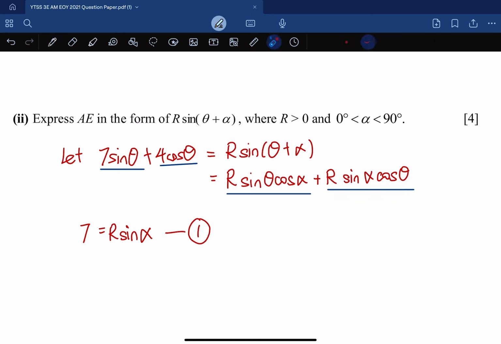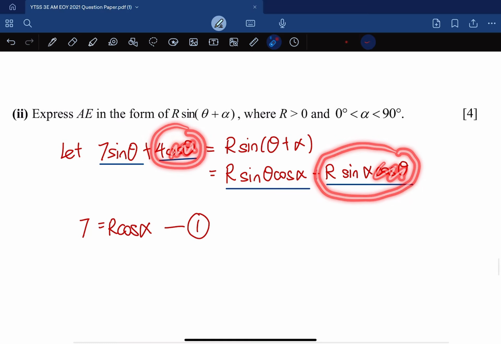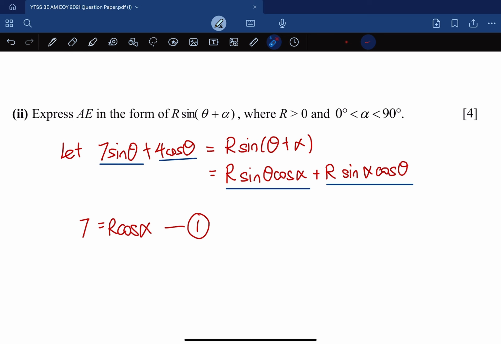I can see that 4 is equal to R sine alpha. Sorry, I made the wrong comparison. This one is 7 should be equal to R cosine alpha for equation 1. Then from here, 4 cosine theta compared to this. Cosine theta can ignore. This will become 4 equals R sine alpha.